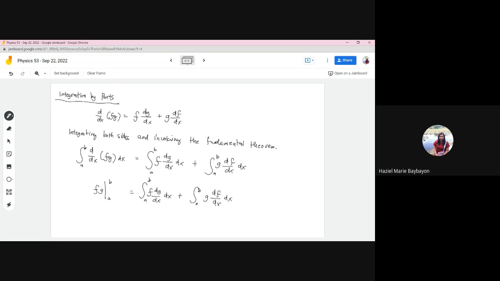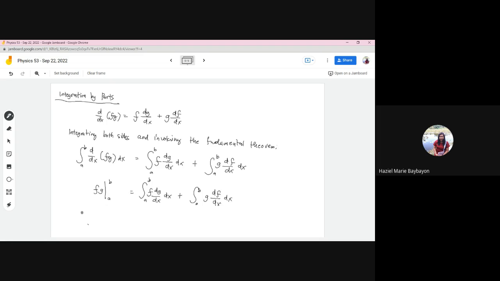Now, let us rearrange this one, such that this term is on the left-hand side.